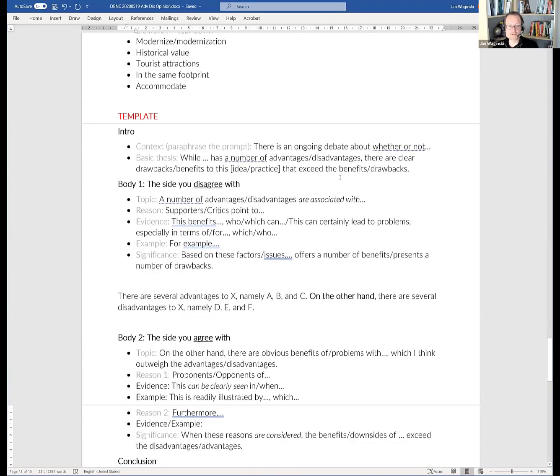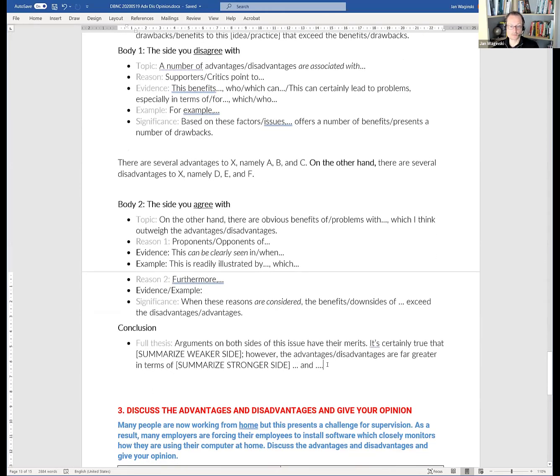Because you can put a very simplistic thesis at the beginning: while knocking down old buildings has a number of advantages, there are clear drawbacks to this that exceed the benefits. Right, so this doesn't actually give your arguments or reasons, it just gives your position. So this is too easy. Just use this template. Right now we're just doing this one, which is your full thesis that summarizes the reasons. Does that make sense?